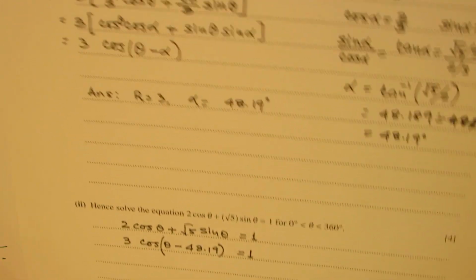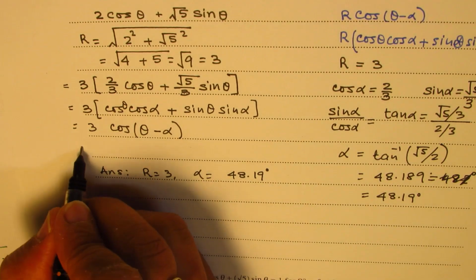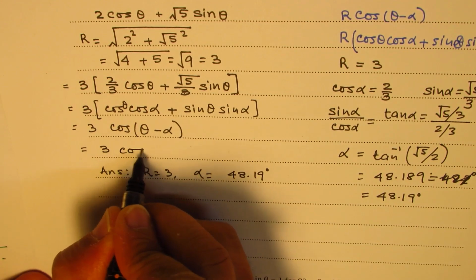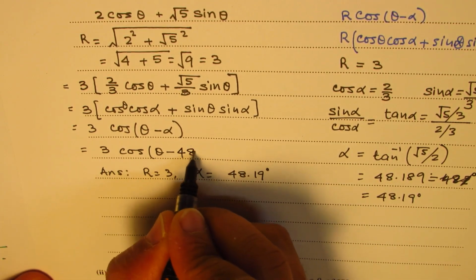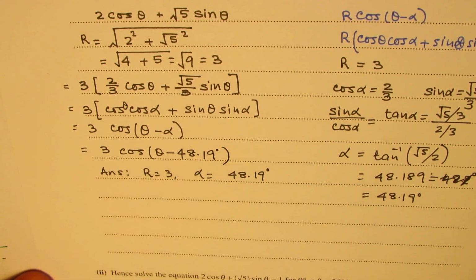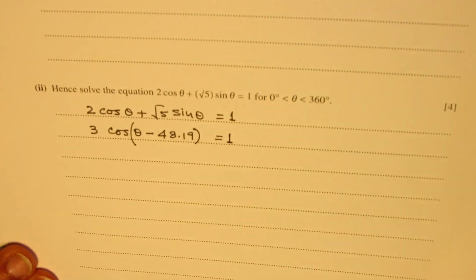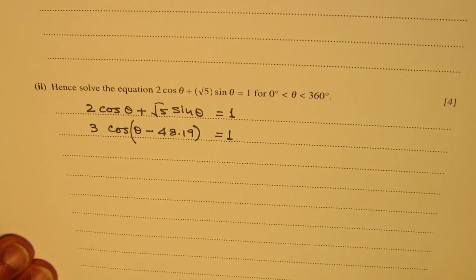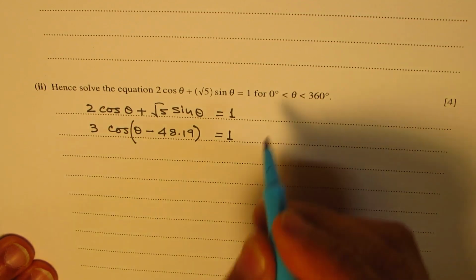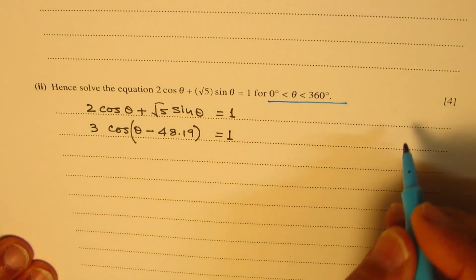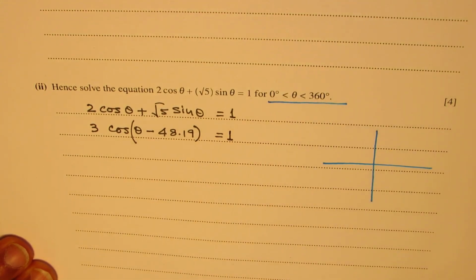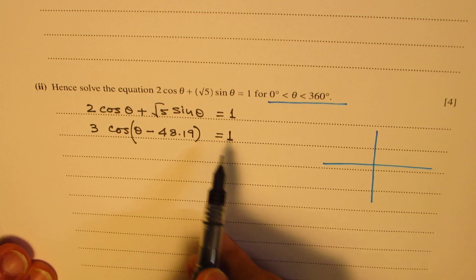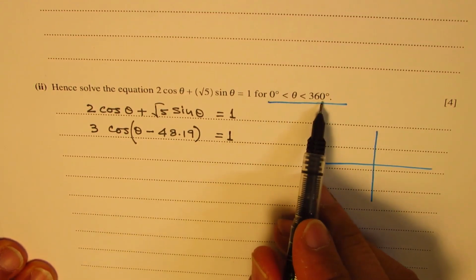So here let me write down the answer clearly as 3 times cos of theta minus 48.19 degrees. Clear? Now, as far as cos theta is concerned, within the interval 0 to 360 degrees, cos is 1 at theta equals 0 and 360 degrees.